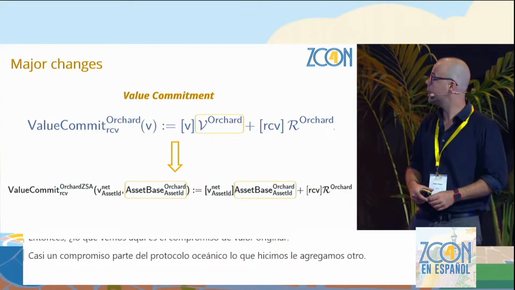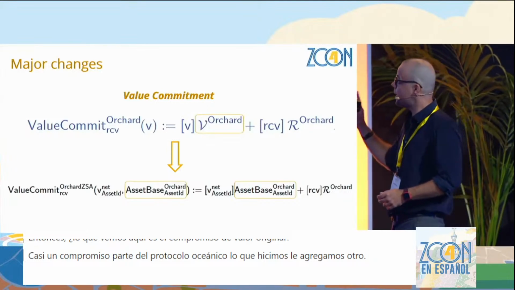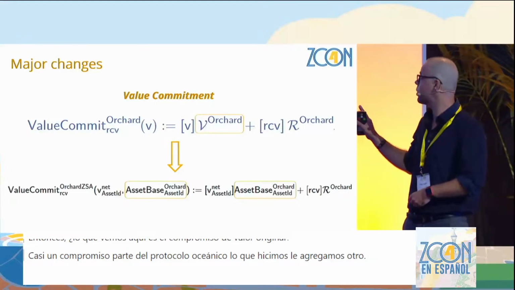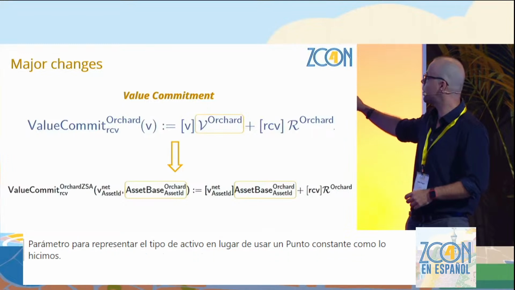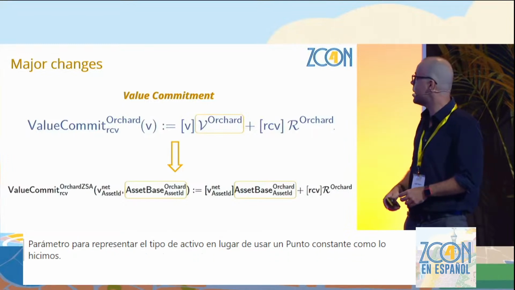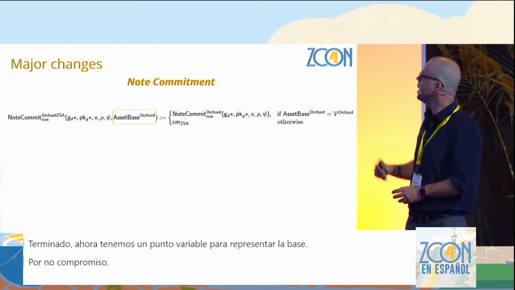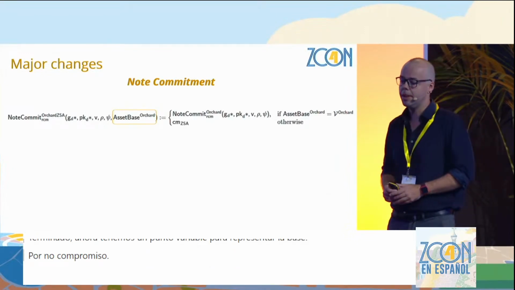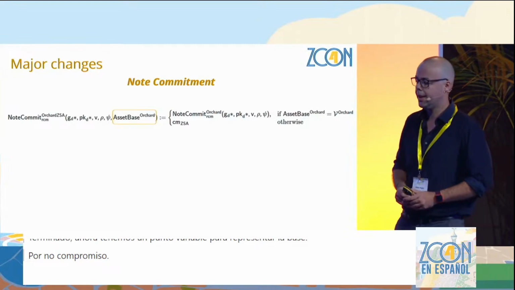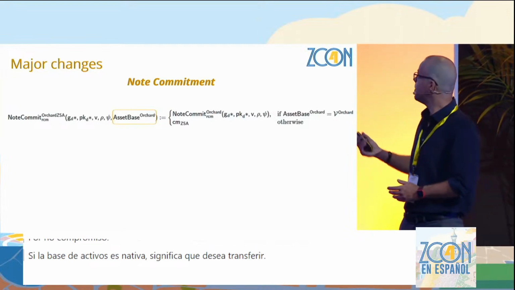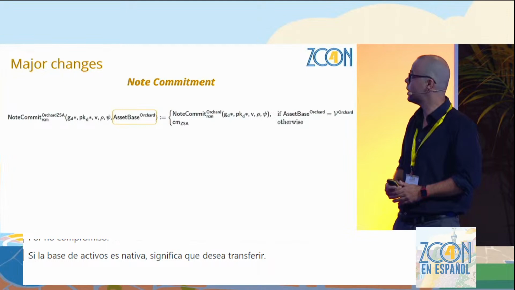Instead of using a constant point, as was done in the Orchard protocol, we now have a variable point to represent the asset base. For note commitment, if the asset base is native, meaning if we want to transfer native ZEC, the commitment remains the same as with the Orchard protocol.